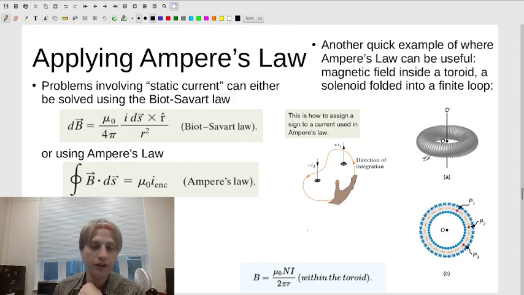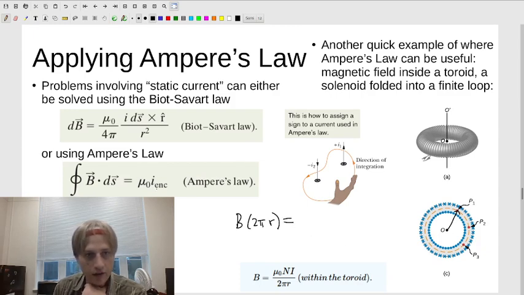However, the magnetic field is not quite constant in there. If you make that Amperian loop, you can go inside or outside and realize that the magnetic field outside should be approximately 0. But inside of that loop, you'll get a magnetic field that depends on the radius. How does it depend on the radius? Well, let's do the loop at a particular radius. Then this side of Ampere's law would give us B times 2 pi r.